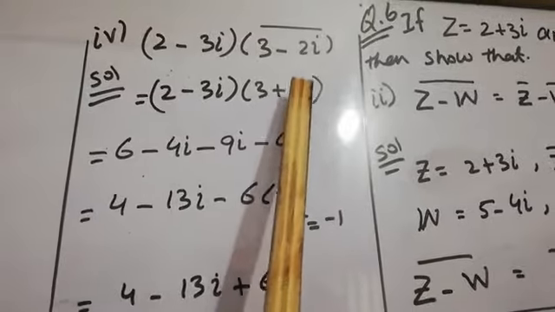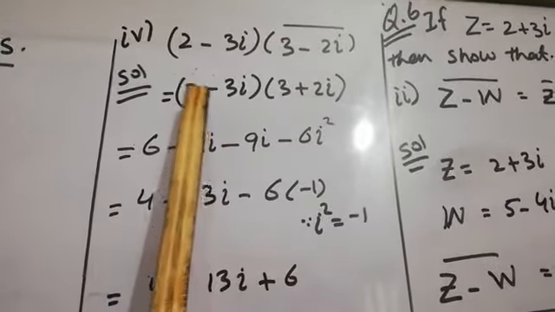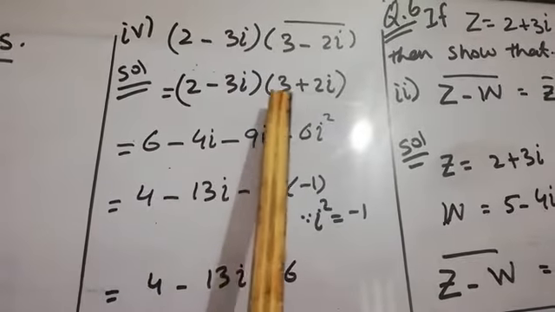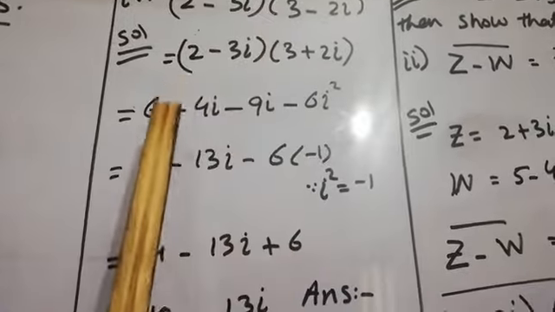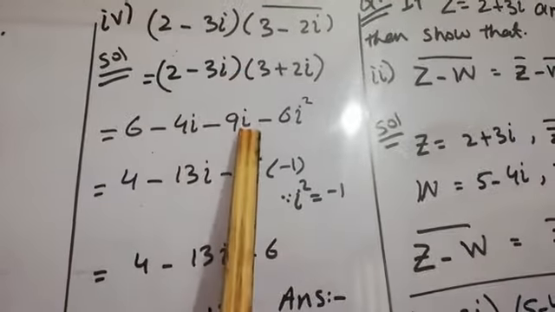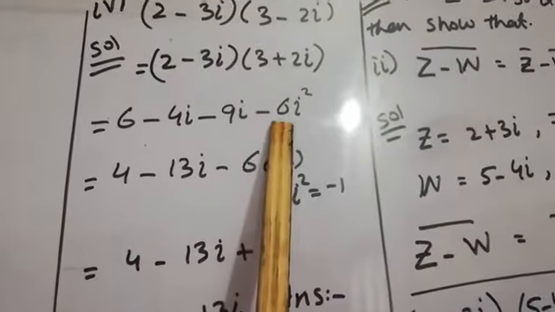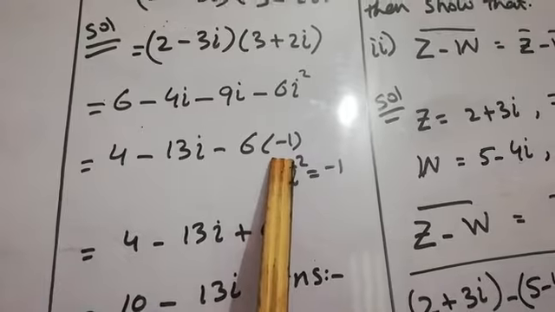Minus 2 iota will become plus 2 iota. So we will write 2 minus 3 iota into 3 plus 2 iota, and now we will multiply: 2 times 3 is 6, 2 times 2 iota is 4 iota, minus 3 iota times 3 is minus 9 iota, minus 3 iota times 2 iota is minus 6 iota square, and iota square will be changed into minus 1.